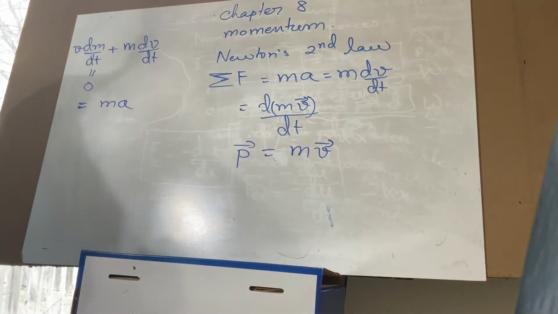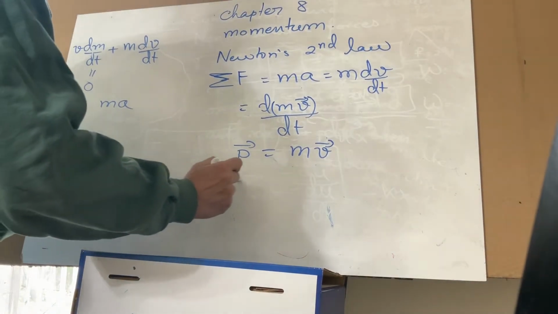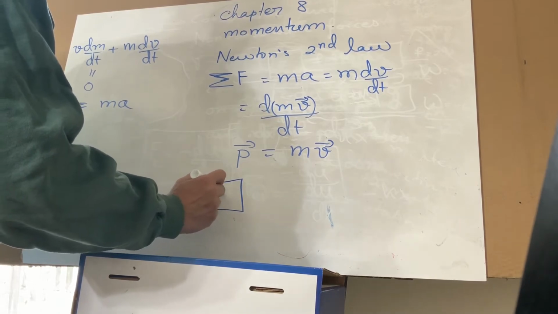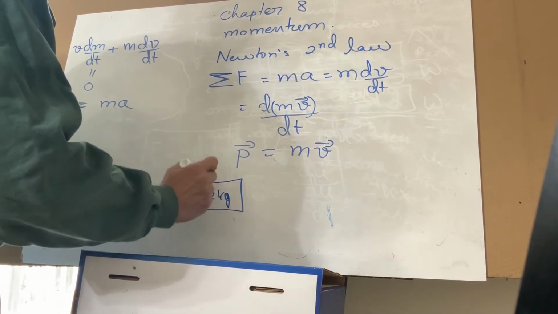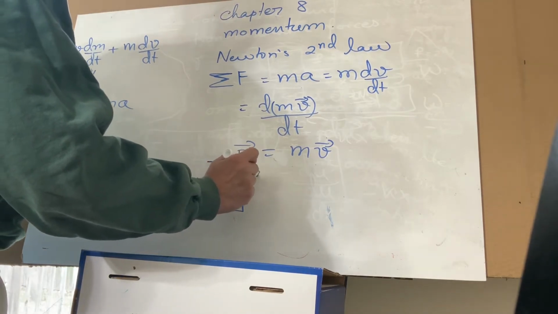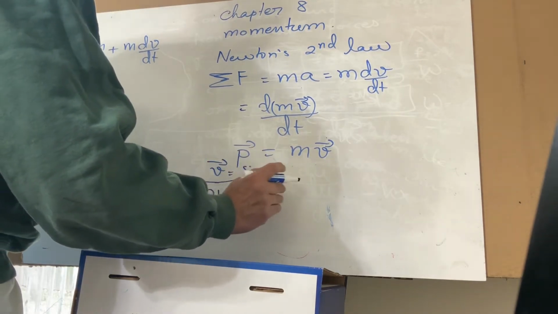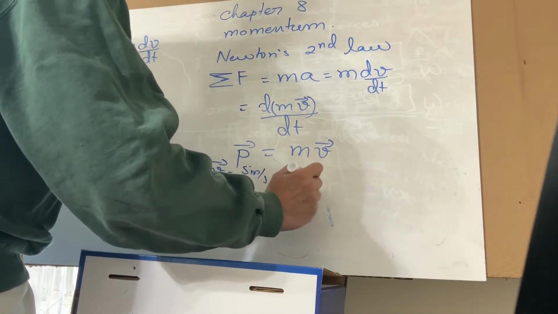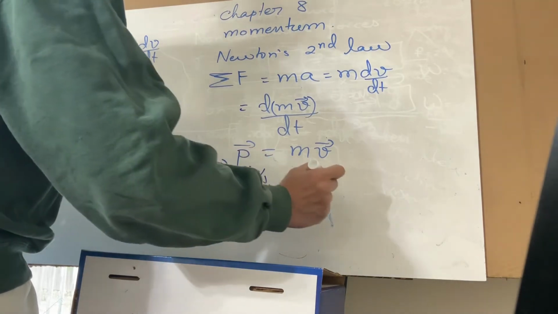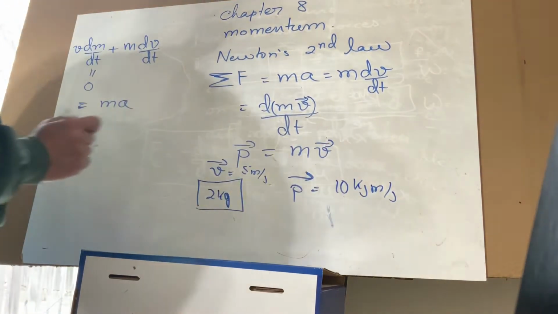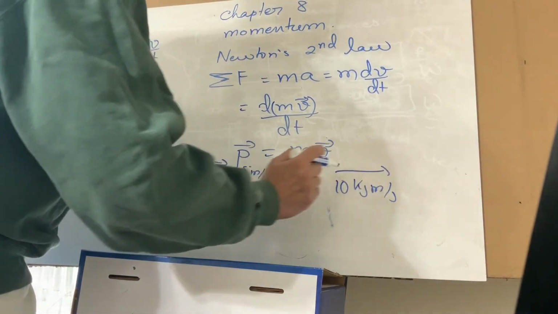In other words, if you have an object that has a mass of, say, 2 kilograms, moving with a velocity in that direction of 5 meters per second, then the momentum in that direction is 2 times 5, which is 10 kilogram meters per second. And it's pointed that way. That's the momentum.